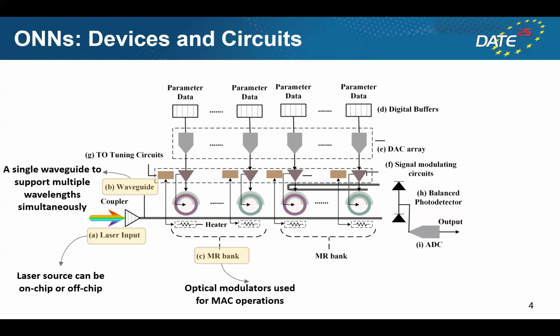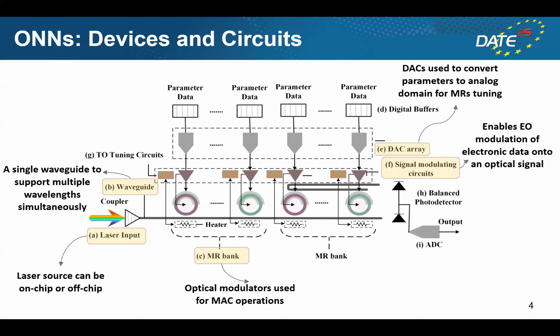And these are optical modulators used for performing the MAC operations. And then we have our digital to analog converters, which convert the model parameter data into analog signals that are used by the electro-optic signal modulating circuits to modulate or imprint this electronic data onto the optical signals.